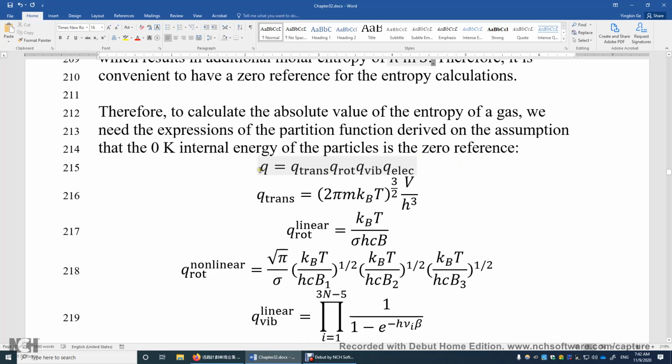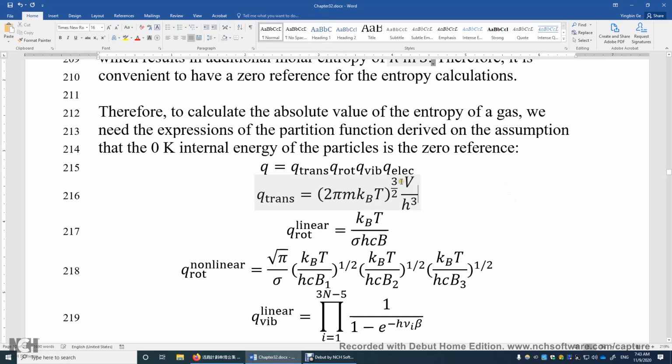The partition function Q is equal to the product of the translational, rotational, vibrational, and electronic partition functions. This is the formula for the translational partition function: (2 pi m kB T) to the power of 3/2 times the volume of the container, divided by the Planck constant to the power of 3.